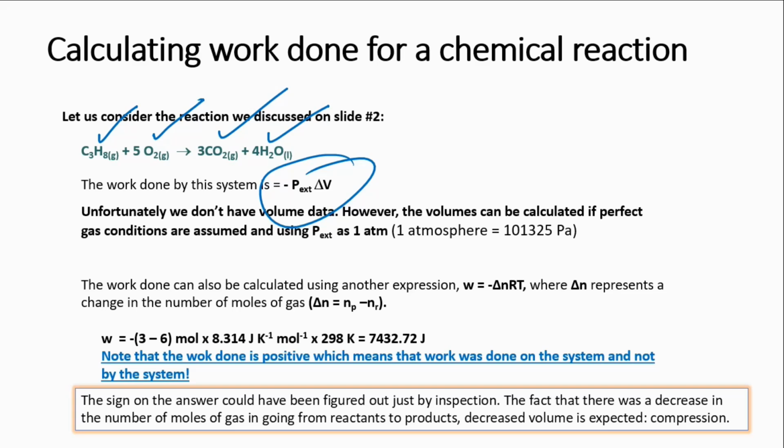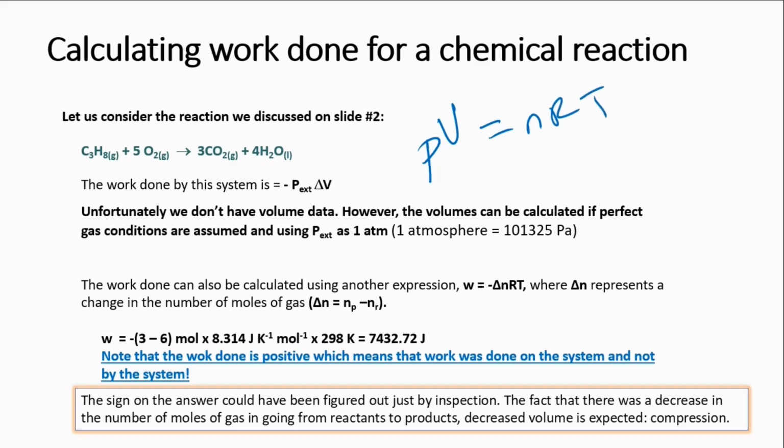But we don't have to put ourselves through that. There's an easier way. We'll use the same ideal gas equation. PV is equal to nRT. If we look at a change in volume, then we have P delta V, which is equal to something that also needs to change over here.